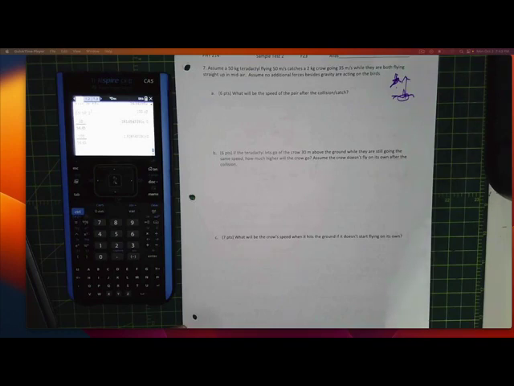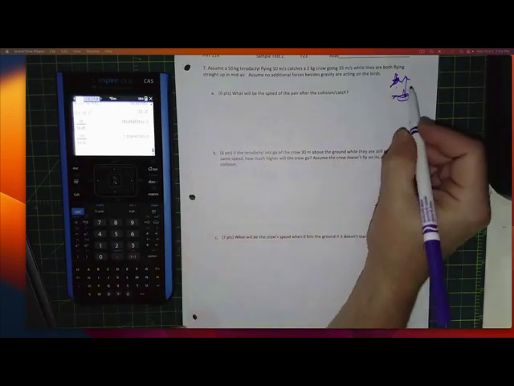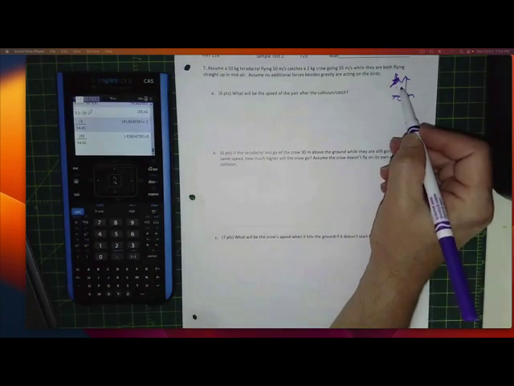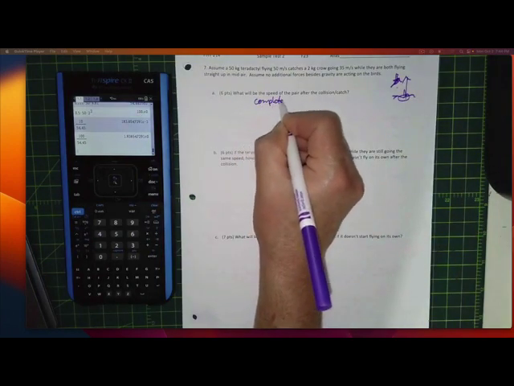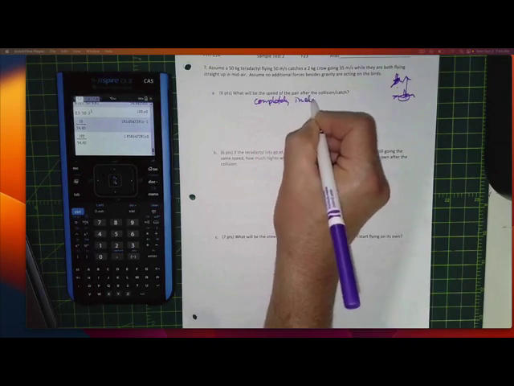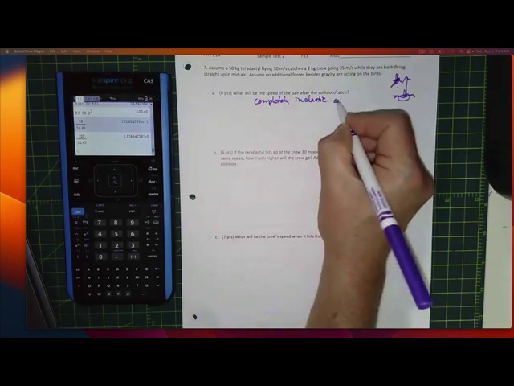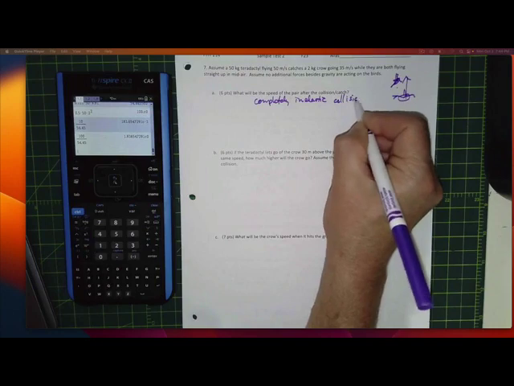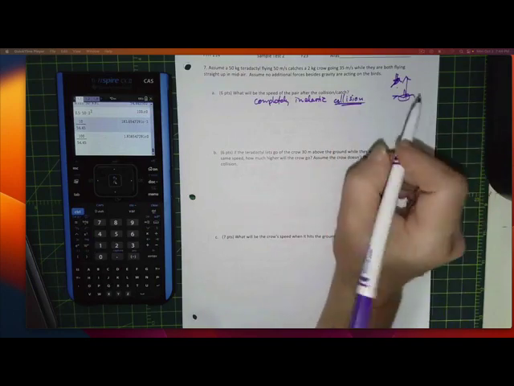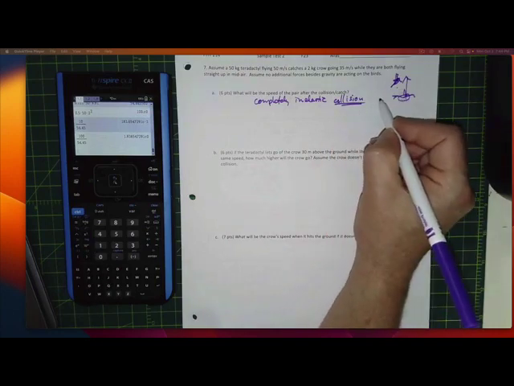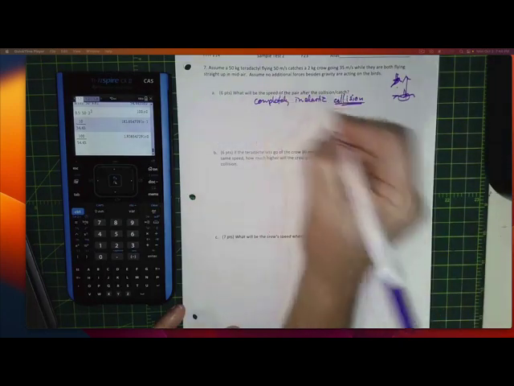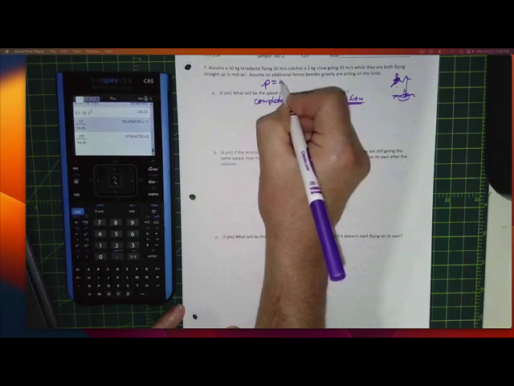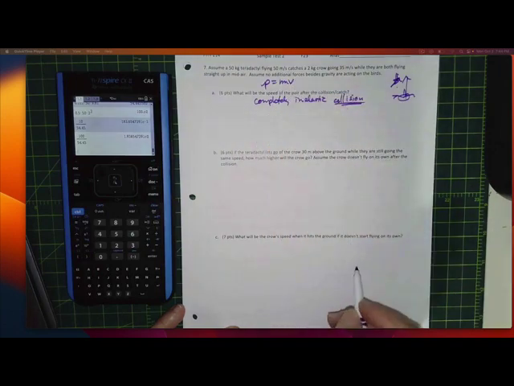All right. What will be the speed of the pair after the collision catch? So the pterodactyl is going to catch the crow. So this is going to be a completely inelastic collision. Momentum, mv plus mv equals mv plus mv, right? Momentum is mv, so little p, momentum, is going to be conserved.